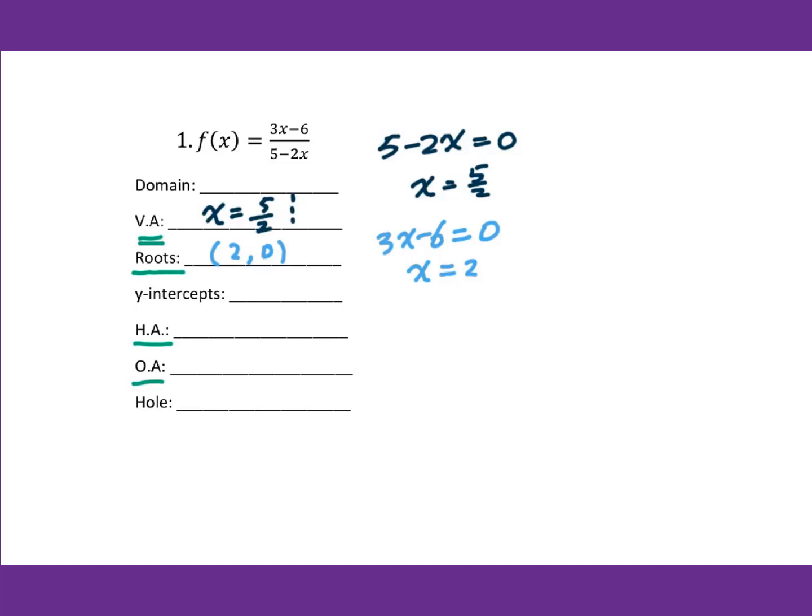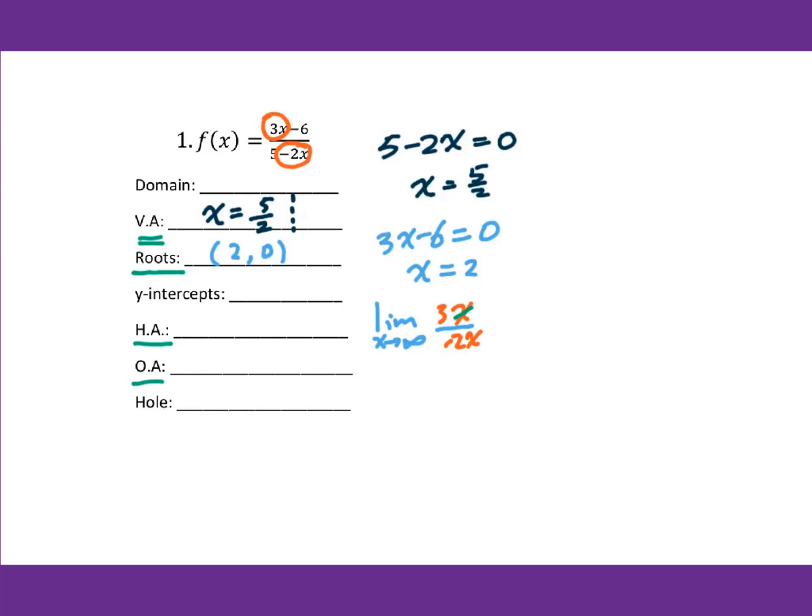That's the vertical asymptote line. For the horizontal asymptote line, we take the limit as x approaches infinity of the leading coefficients. This is the leading coefficient, this is the leading coefficient. Therefore, we get 3x over negative 2x.